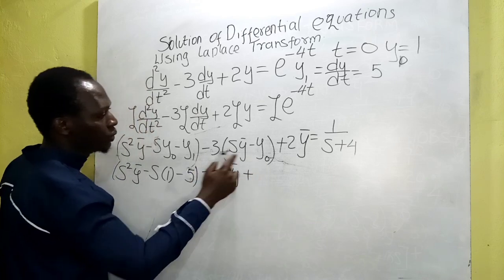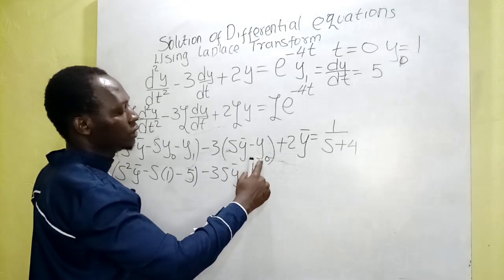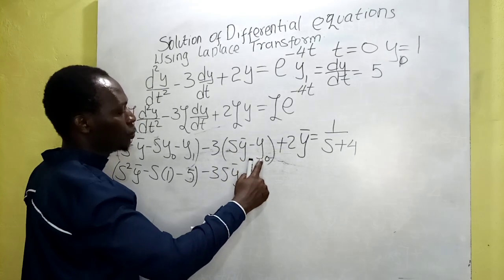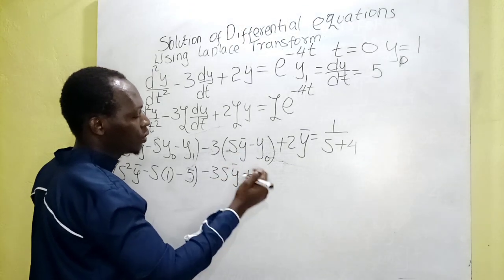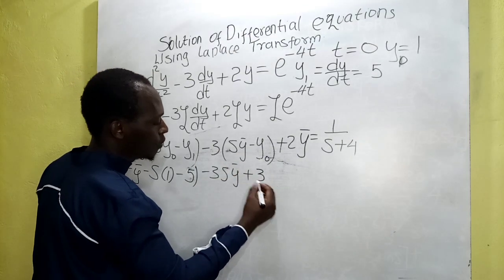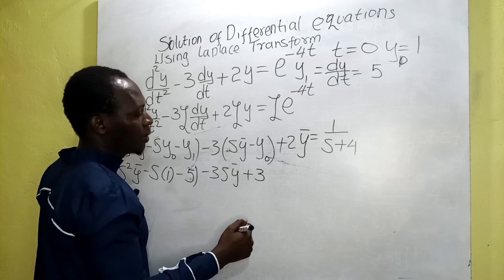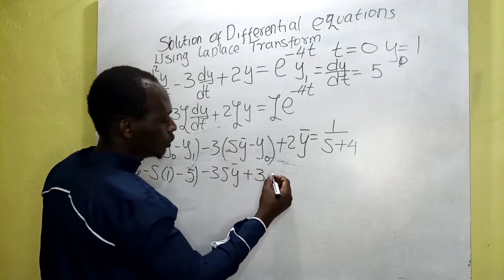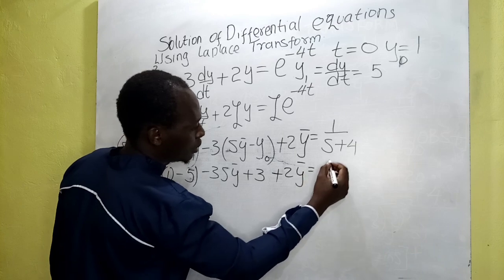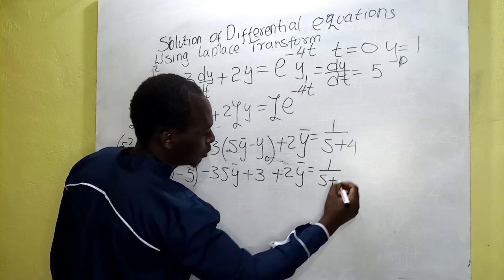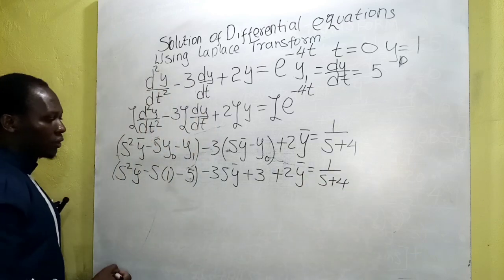We add our y naught, which is equal to 1. When you take a negative of 3 and multiply by 1, you are going to have a positive of 3. We have opened the bracket and replaced the condition. We add 2 y bar, and everything is equal to 1 all over s plus 4.